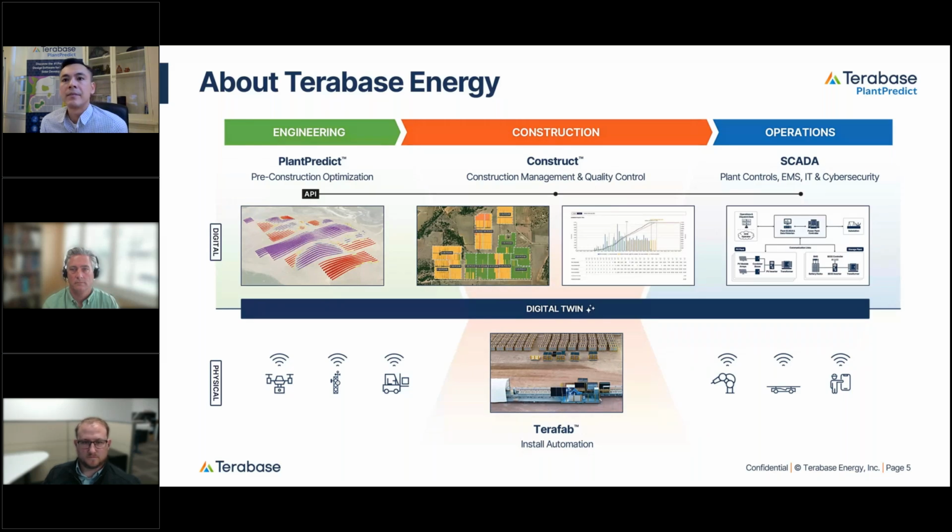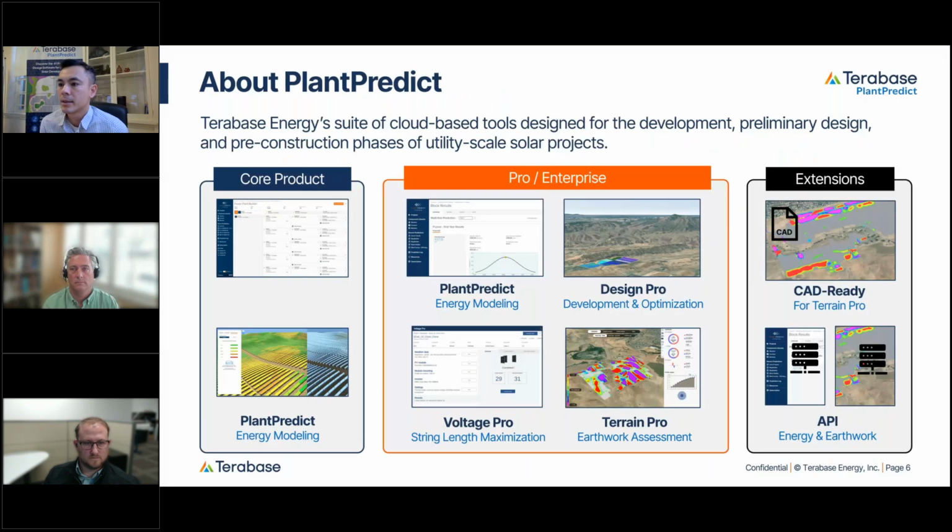All right, and diving into the PlantPredict suite of products, I'll start with the namesake. PlantPredict is a cloud-based modern energy model built specifically for utility scale solar and hybrid plants, with a long track record of continuous benchmarking against operating assets at the gigawatt scale.